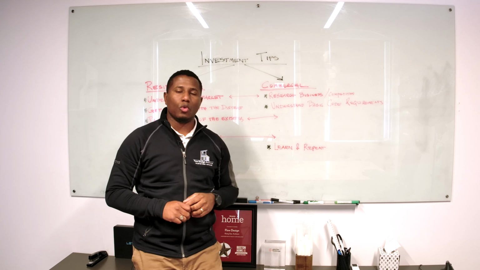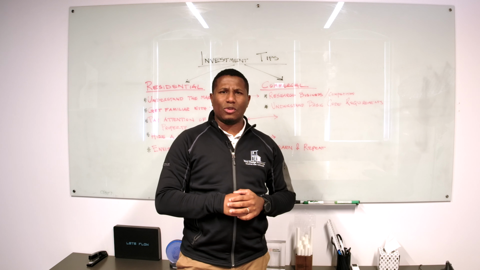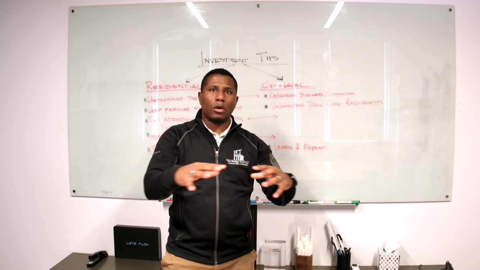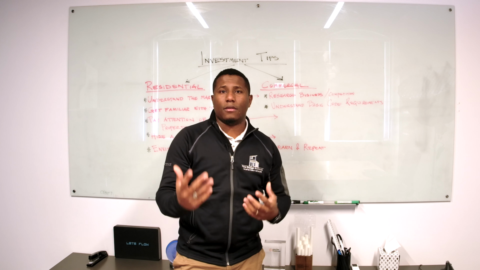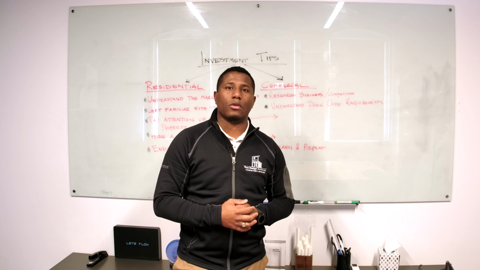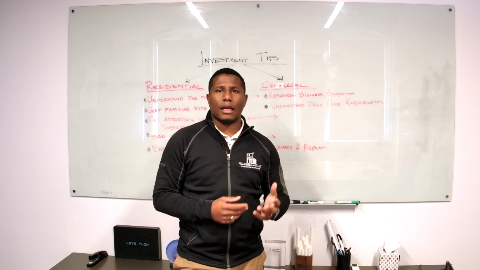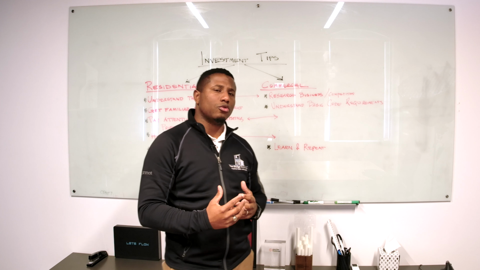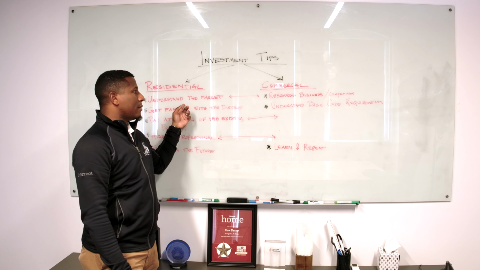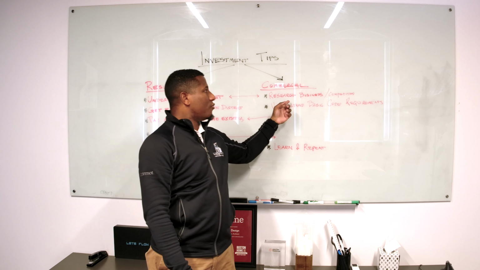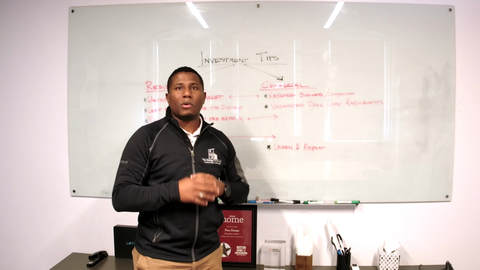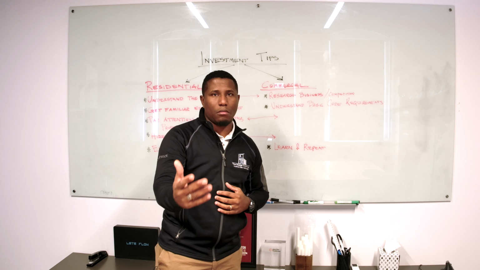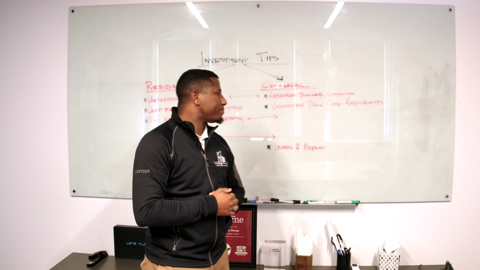If you're trying to open a salon, try to understand what salons there are around your property. Is there a need for a salon in your neighborhood? So get familiar with the market, and then research the business and competition, the people around you that have the same business type.